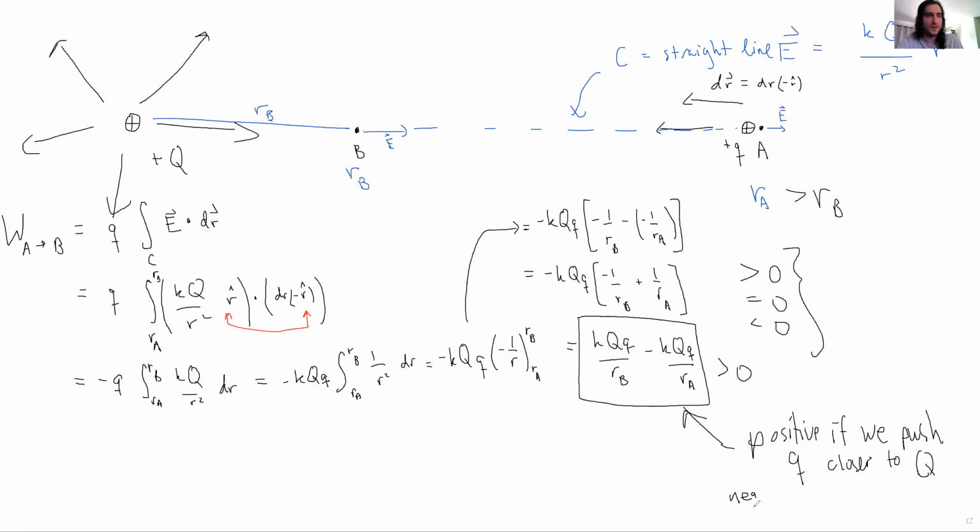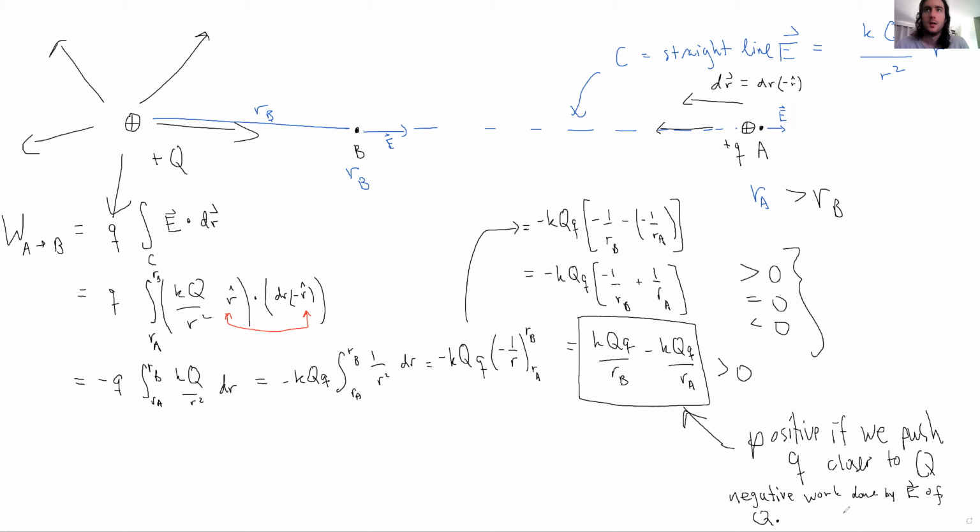I don't know if I have enough space to write it here, but I'll try. Negative, I should put negative work done by the electric field of big Q.